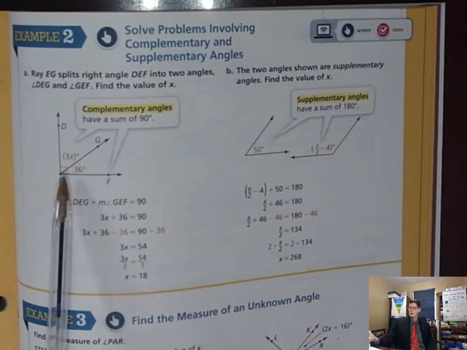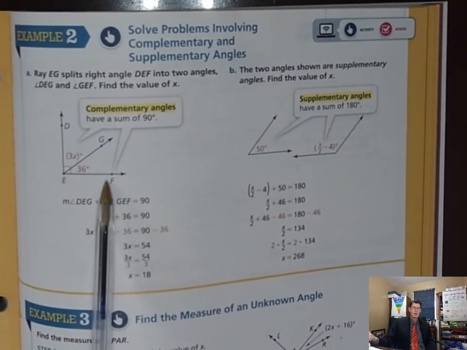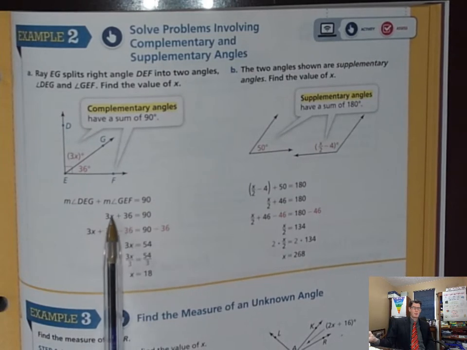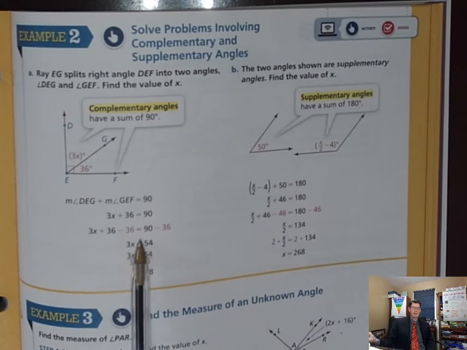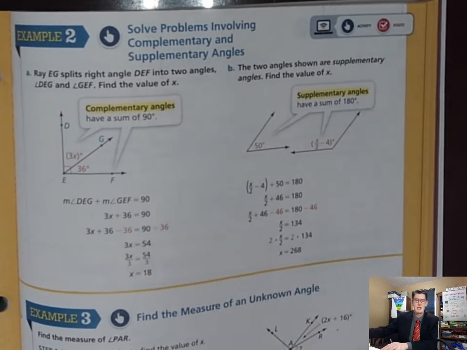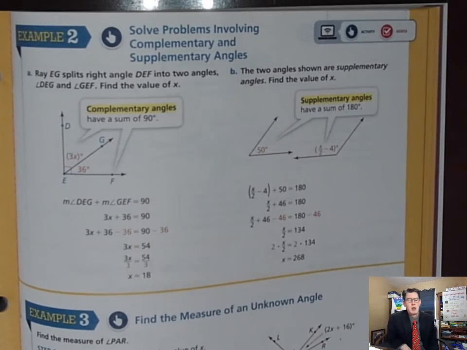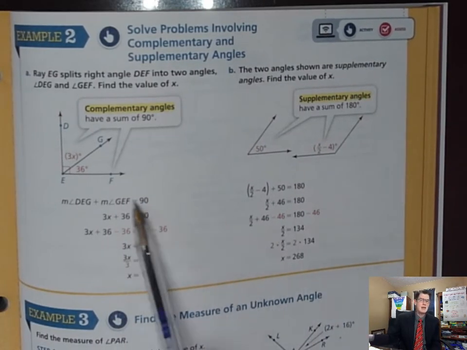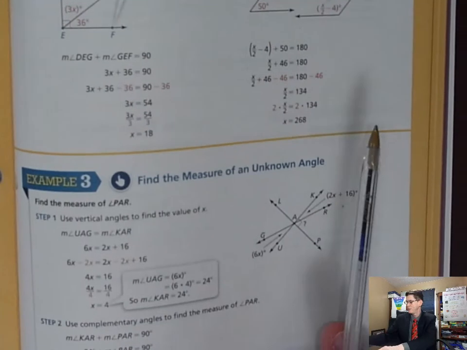If these two angles, 3x and 36, are complementary, if they add up to 90, then put the two measurements together in the sum and solve the equation. You can see how this equation understanding is really getting built in a problem like this, and you'll see these equation problems for the rest of your high school career. So this is good practice for what you'll be seeing in 8th grade, 9th grade, and on into high school.